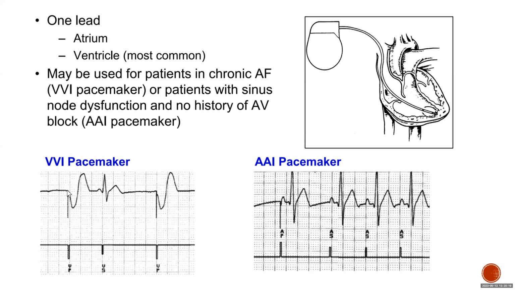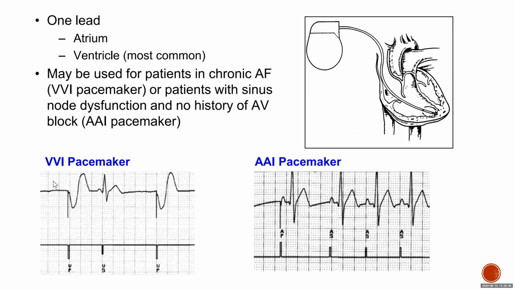You'll have a pacing spike, and then a QRS. And if you have intrinsic rhythm, this QRS will be sensed by the device, so it will reset the time it waits until the next paced rhythm. So it does two essential functions.